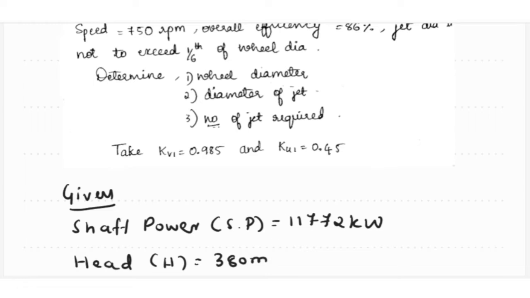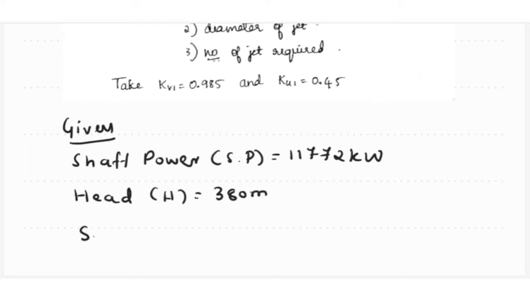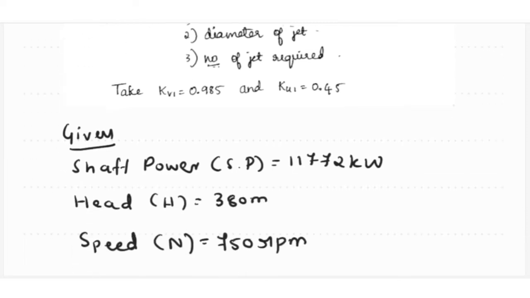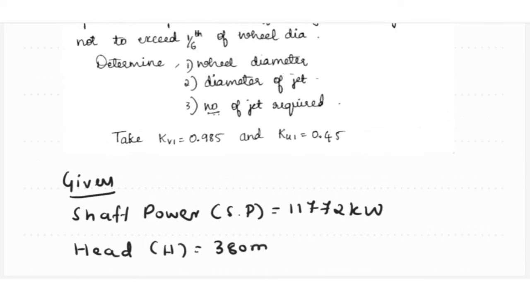Then speed of wheel is given, so speed N is equal to 750 rpm. And then in the question overall efficiency is given, so overall efficiency we will write in short form as eta naught, 86%. Then what else is given?